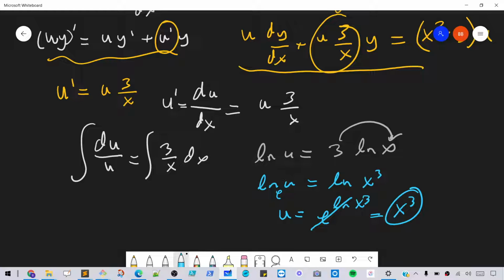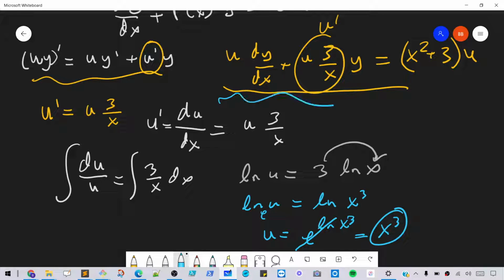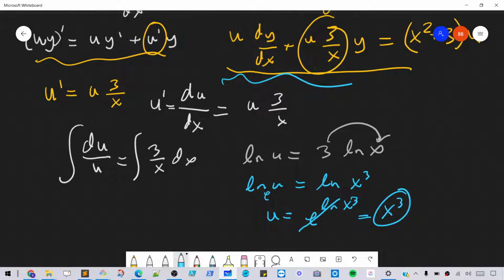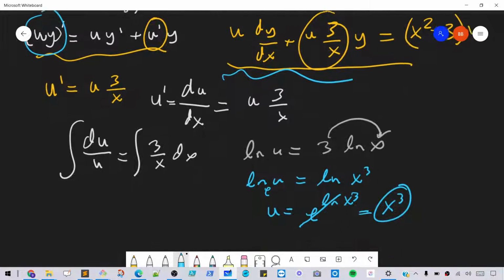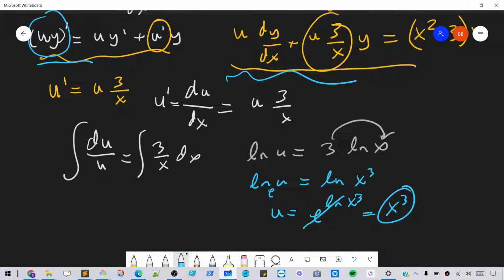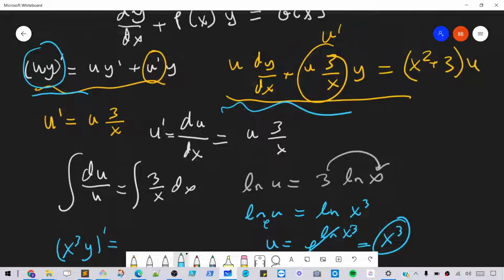Okay, good. So then what we can do now is, we don't really have to rewrite this. We know it's going to fold up into this form here. So we'll say uy prime is going to be x cubed times y prime, and then on the right side of the equation, what do we have?